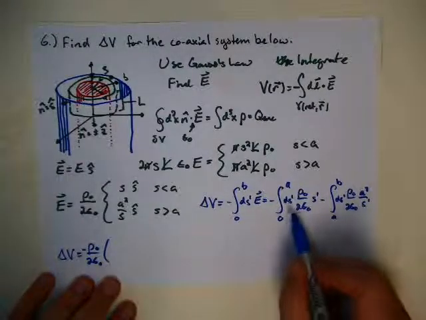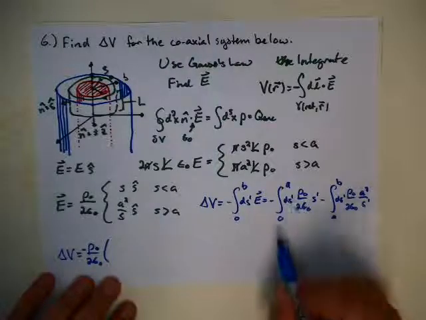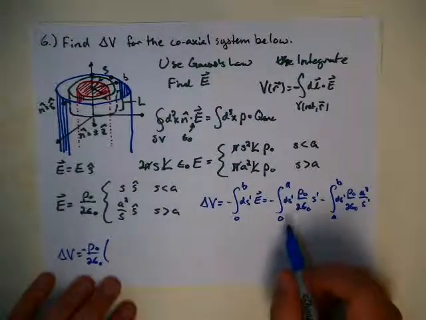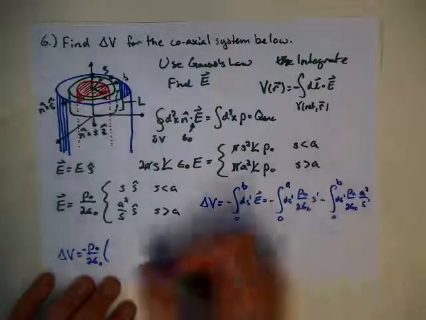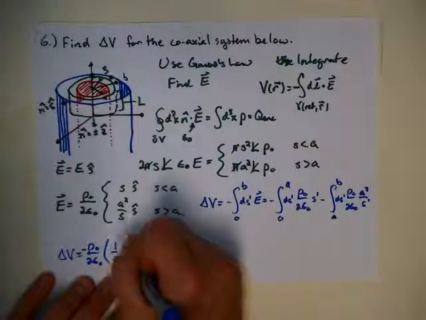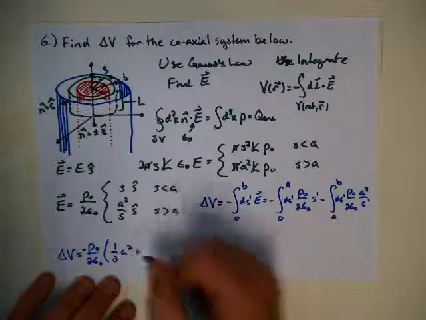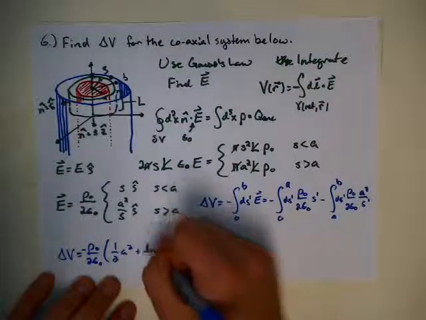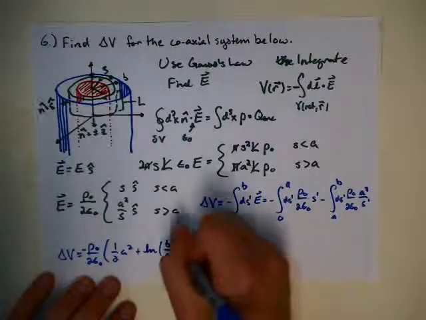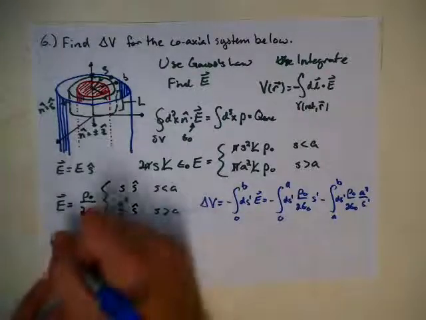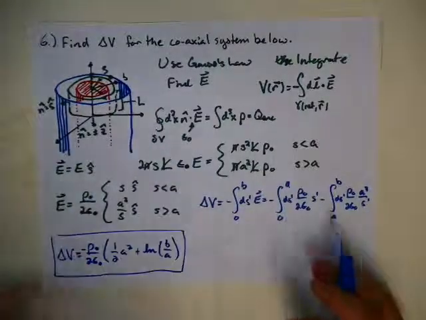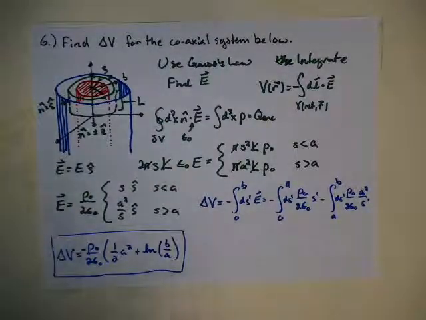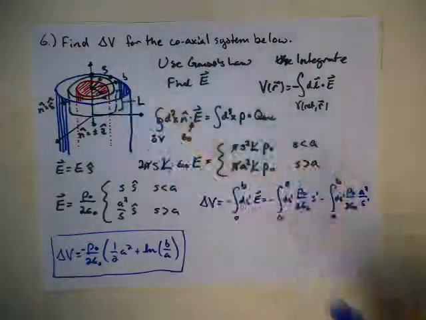For this term, the integral of s ds is 1/2 s squared, so it'll be 1/2 A squared, and then plus the integral of ds over s, which is log, so this is log of B over A. And that is the potential difference between a point at the center and a point on the edge.